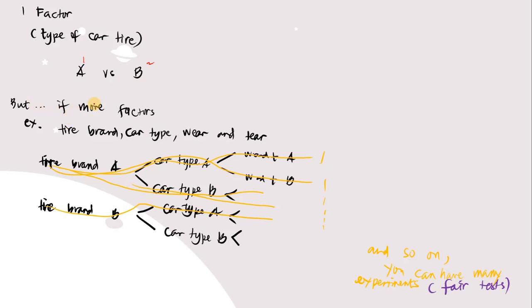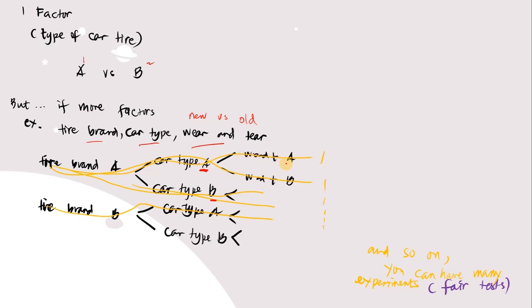What if more factors: your tire brand, car type, wear and tear, whether new versus old. So you can have this experiment, and what I'm showing here is that you can have tire brand A with car type A, then tire brand A, you pair everything to compare.